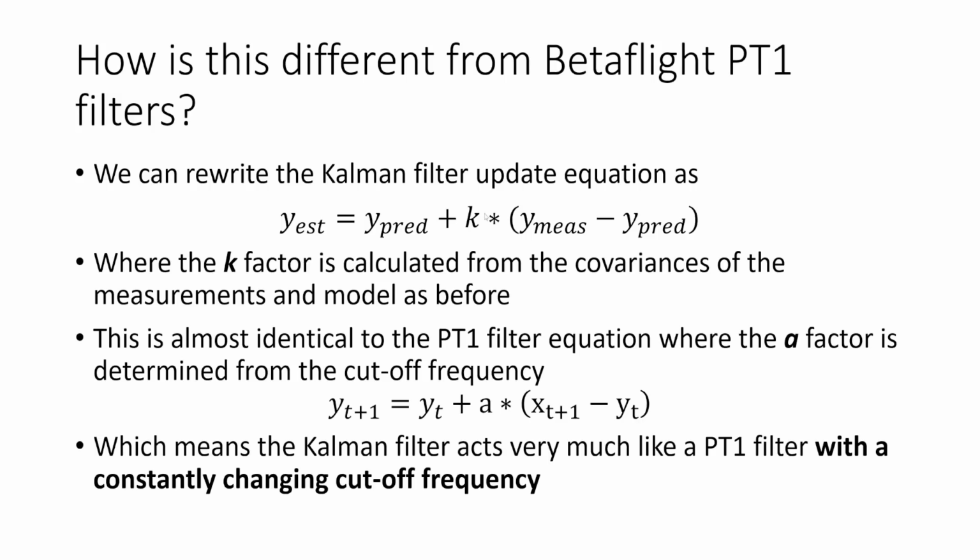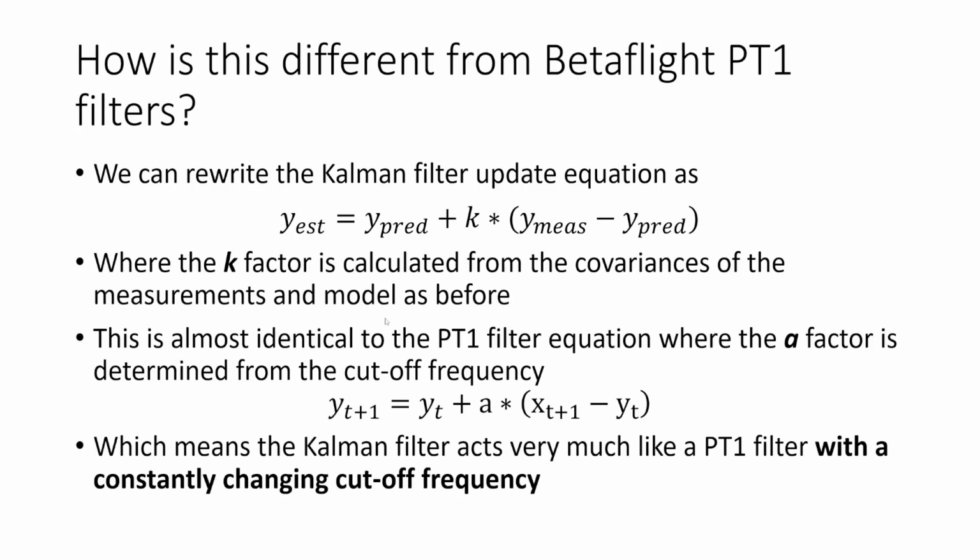And this small k here is the same k that we put into that k matrix. It's that weighting factor. If k is 0, then we're just using the prediction. And if k is 1, then we're just using the measurement. The k factor is, as I said before, calculated from the covariances of the measurements and the model.